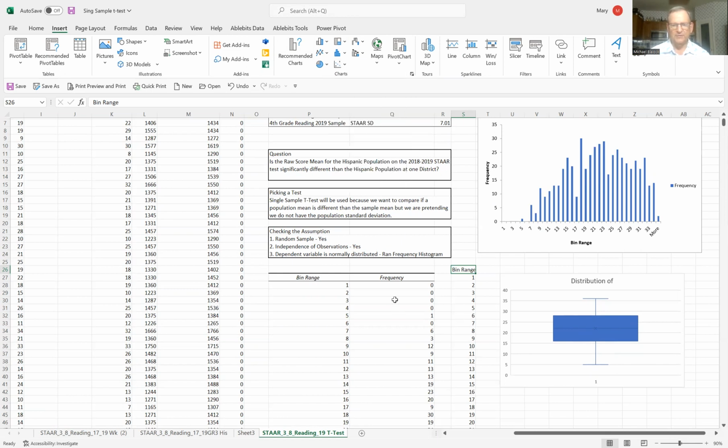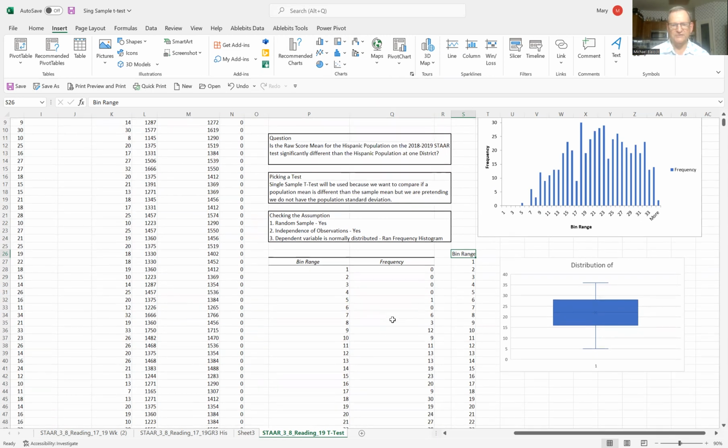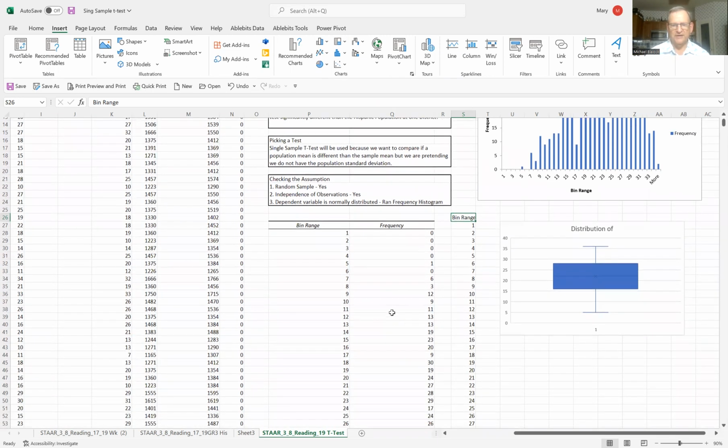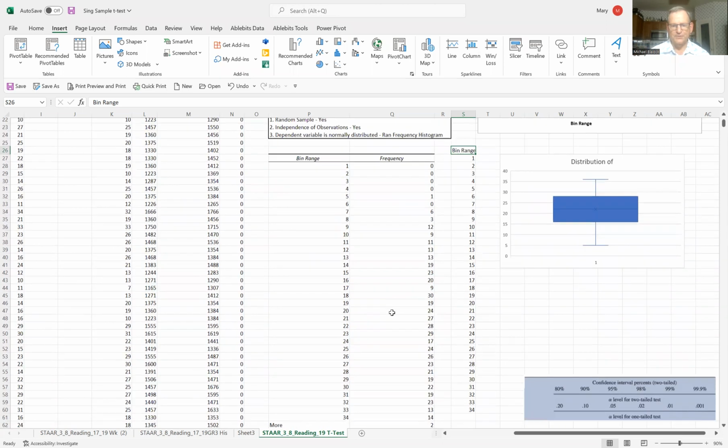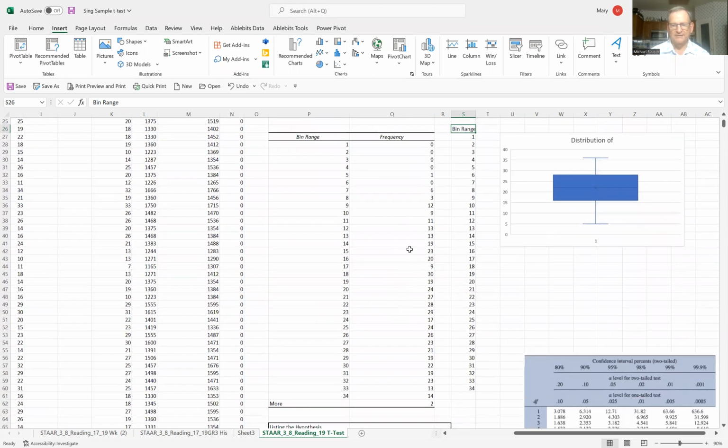And when we ran the histogram, we saw the frequency with a few outliers, but primarily distributed a little bit towards the high end.